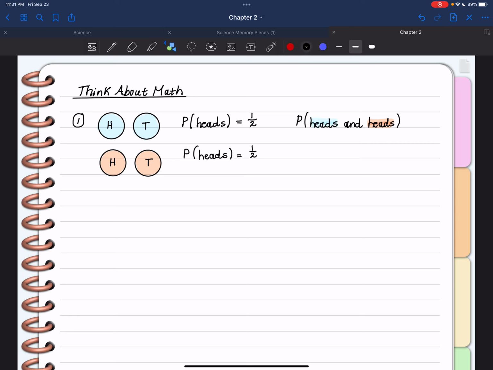The most important word here is "and," because what does "and" mean in this kind of problem? It means to multiply. So you're going to have heads on this one times heads on this one. The probability is going to be 1/4, or 25 hundredths, or 25%.